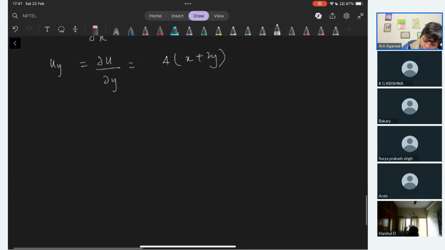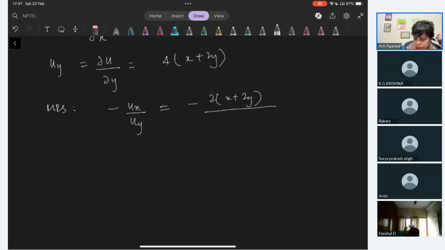So you have MRS is equal to minus ux by uy, which is minus 2(x plus 2y) upon 4(x plus 2y). This gets cancelled, and you get minus half. Okay, so this is fairly straightforward.